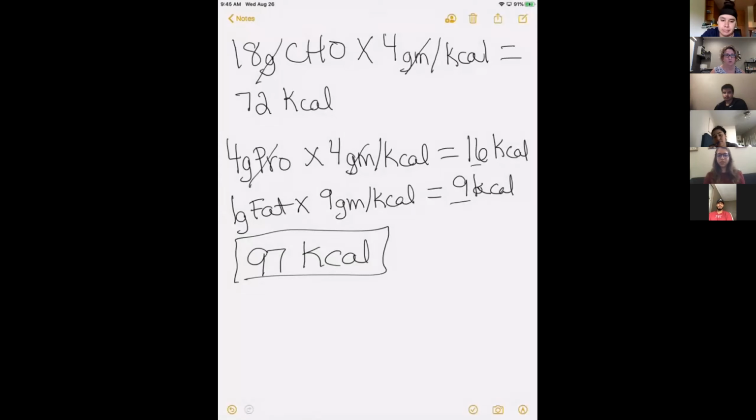But what else did I ask you to do? The last part was to look at what percentage would be protein. So remember, the protein is this number here.